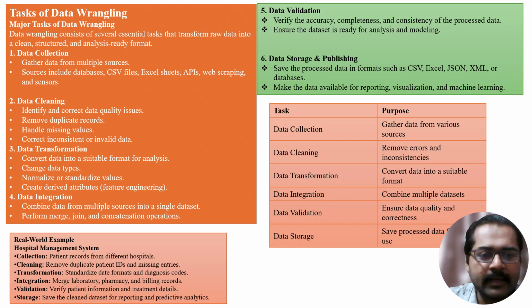Save the clean dataset for reporting and predictive analytics. With this example you can better understand how data wrangling is performed, and you might now understand the significance of data wrangling in data science before data analysis and decision making.